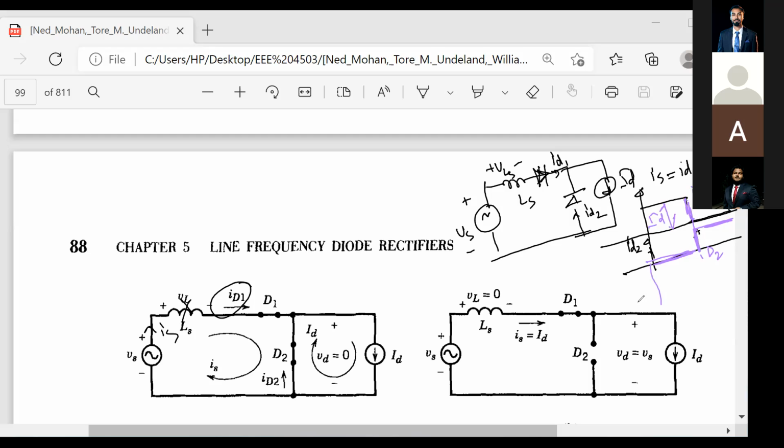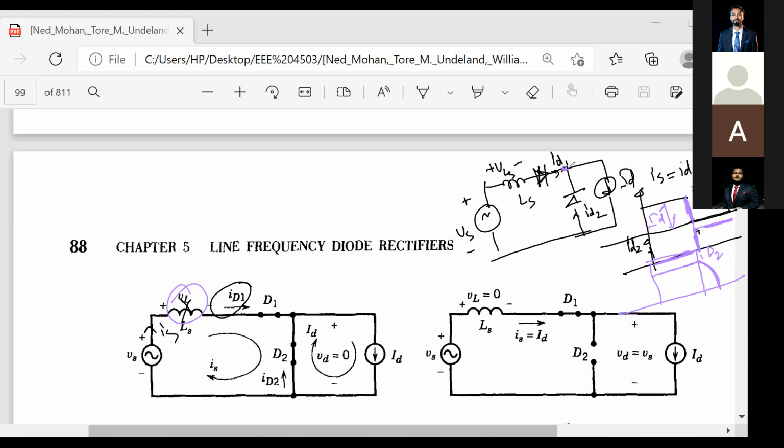Okay. Now, suppose if LS is there, then will this current go to 0 instantaneously, or will it take some time? It will take some time. Yes, because inductance has the property to oppose the rate of change of current, so there will be some delay.